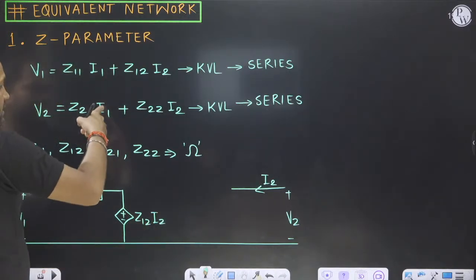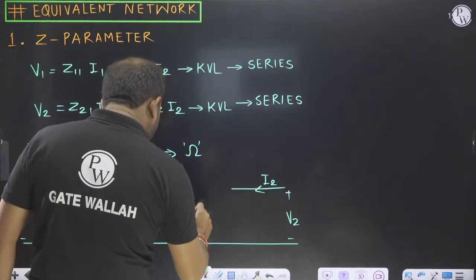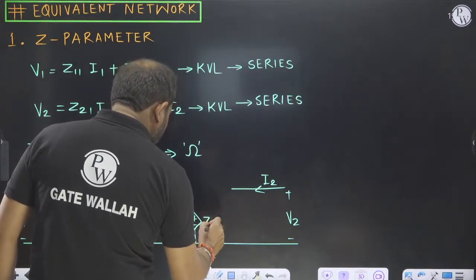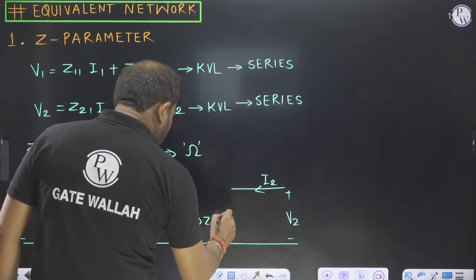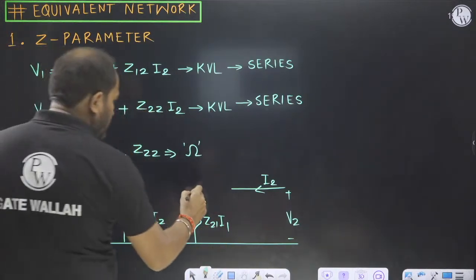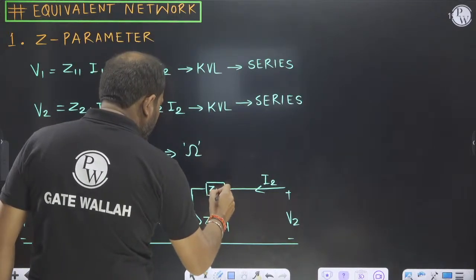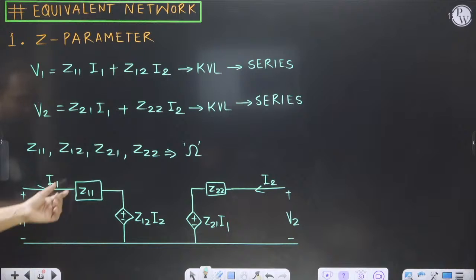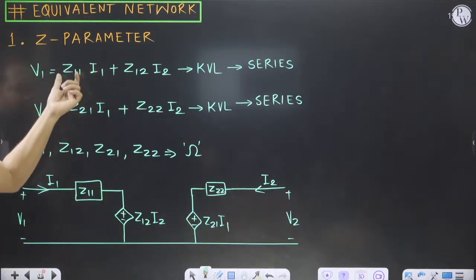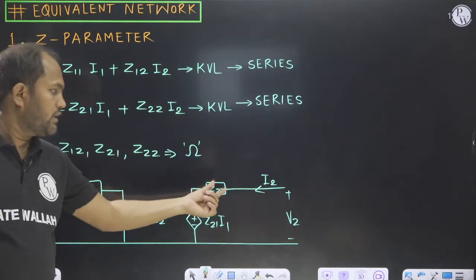In the case of this one, I1, this is the first port, so we will replace it with a dependent voltage source. And this is Z21 I1 and Z22 I2, so it will be Z22 I2. So this is series, Z11 I1, Z22 I2.